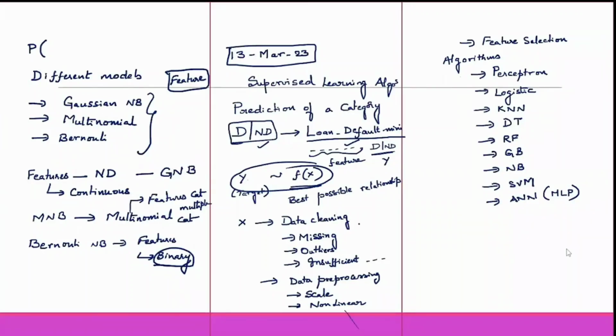After X has been cleaned, pre-processed, etc., what is the best fitting relationship between X and Y? So let's say if this algorithm comes out to be the best fitting relationship. Now in finding out this best fitting relationship, what did we do? We tried for all these things, the mechanism is the same, right?